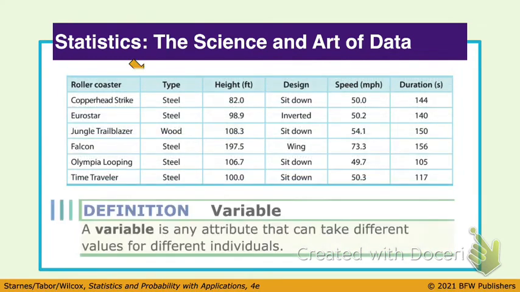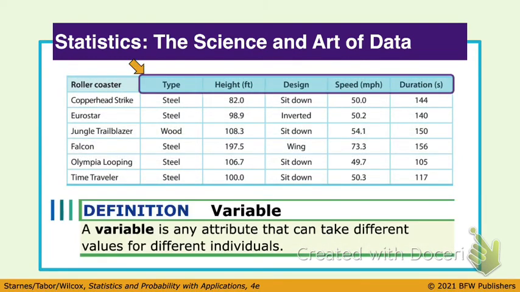is a variable. You guys have all heard about variables. I mean, if you've taken any math class, you know that a variable is a value that can change. It is any attribute that can take different values for different individuals. Those are our variables.